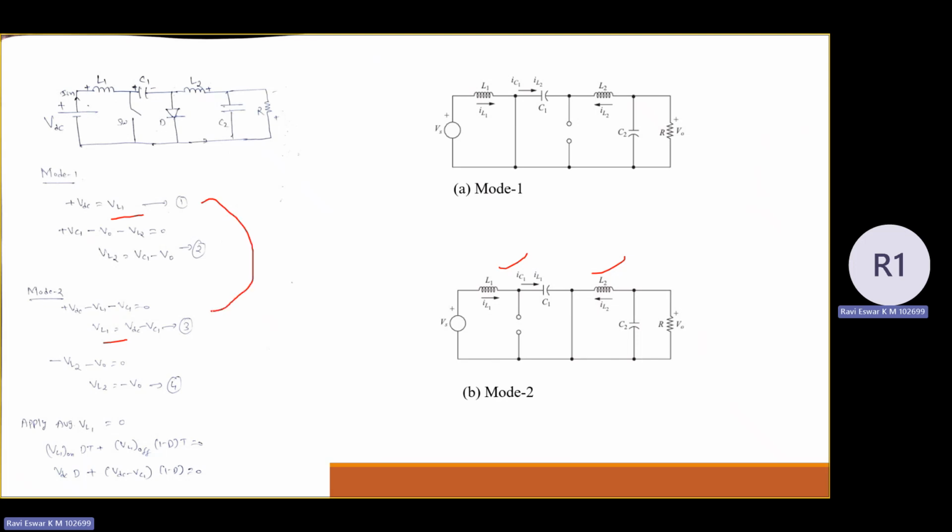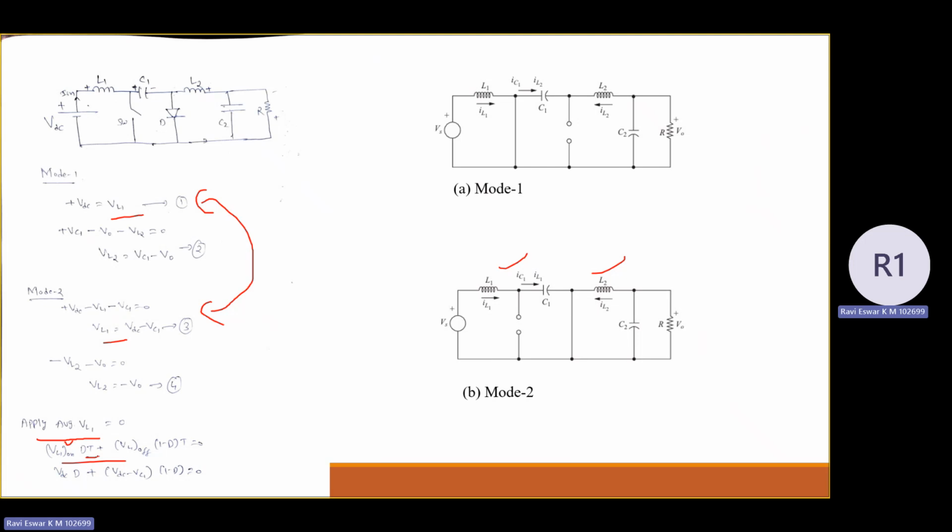Considering these two equations, apply average voltage across inductor L1 over a cycle equal to 0. I can write this equation: voltage across inductor L1 during on state, that is in charging state, into T on. T on I can replace as D into T.